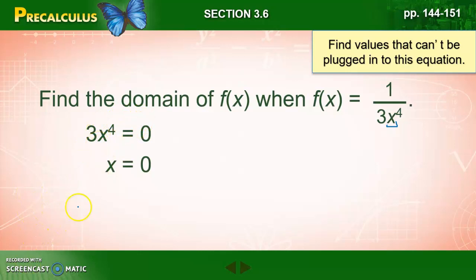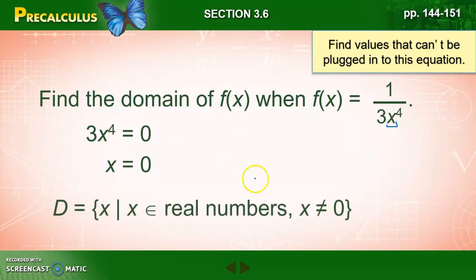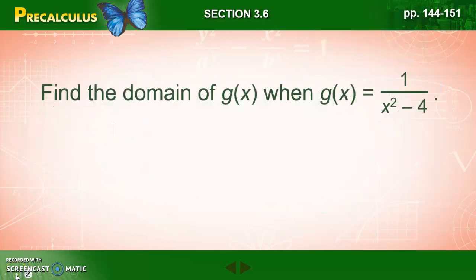Taking the 4th root of both of those, we get x equals 0. So our domain then would be that x can be all real numbers except x cannot equal 0. When x is 0, we would have an undefined function there, and we'll have a vertical asymptote then at x equals 0. Remember, an asymptote is that place where the function cannot cross. It's going to be kind of like that invisible barrier, that wall.